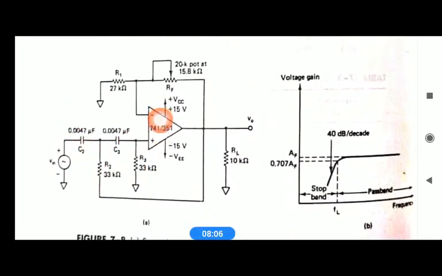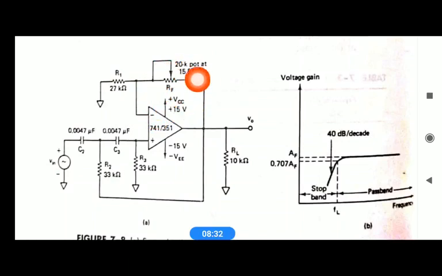Okay, to design the gain, you select R1 here 27 kilo, and RF which is equal to 0.586 R1, as I showed in the design. So when you substitute R1 into 0.586, you will get 15.8 kilo for the RF.